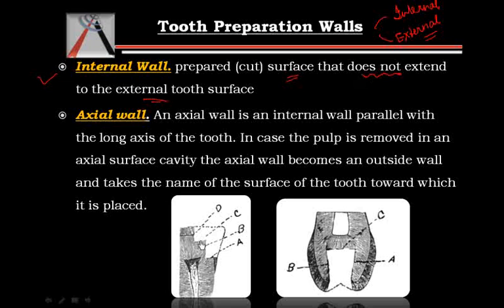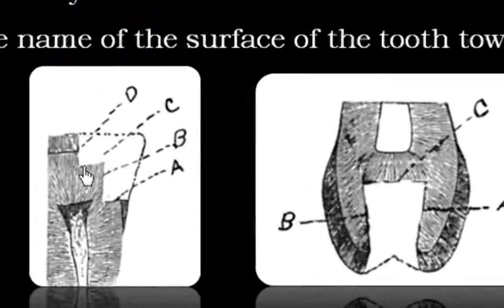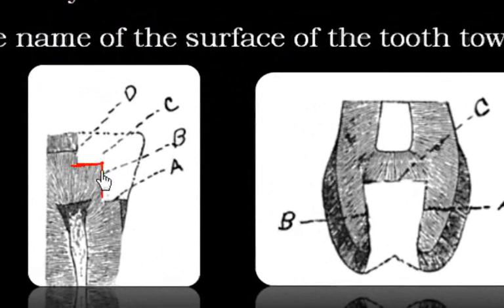So we can notice over here, this wall and this wall, which are not extending to the external tooth surfaces, are called the internal walls. But if you notice these ones, these are the walls that are touching the external tooth surface. So these are called external walls or outside walls.